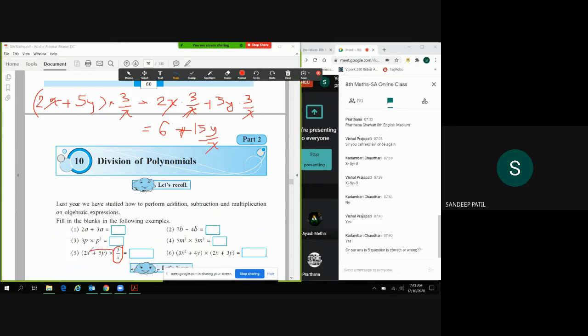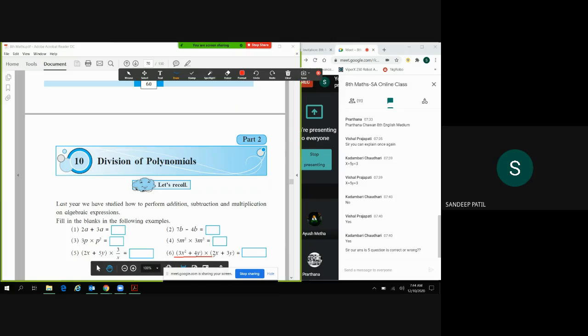We have to multiply with each term. जो 3 by x है वो हर एक जो ब्रैकेट में टर्म्स है उनको मल्टीप्लाई करना है and we will get the answer. But yeah, that's a good try. I like the approach.